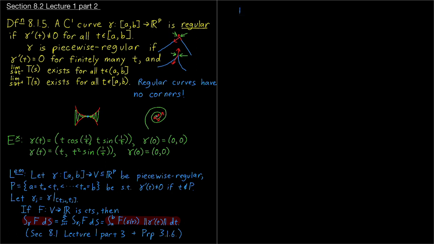The interesting part of this lemma is about integrating vector valued functions. Let f be a vector valued function going from V to R^p. Then we can't really write the integral of f dotted with the tangent vector on all of gamma because the tangent vector doesn't exist at these finitely many points.